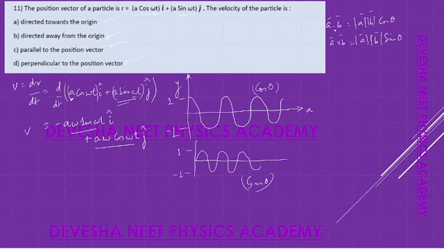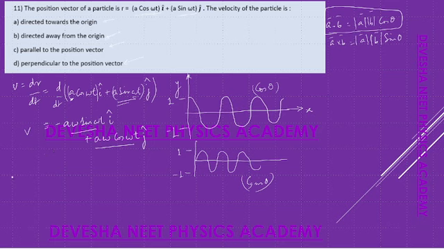So if they are perpendicular to each other, this should actually become 0. In that case, let's try to multiply them.